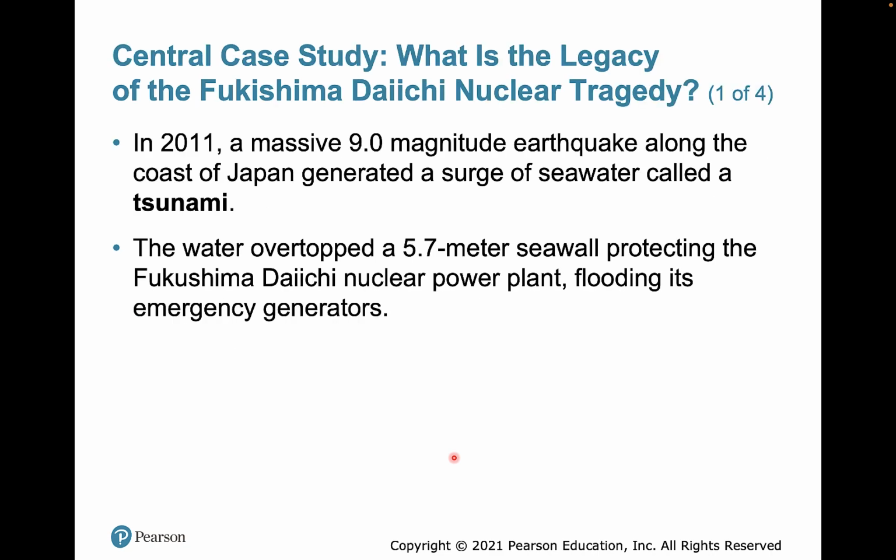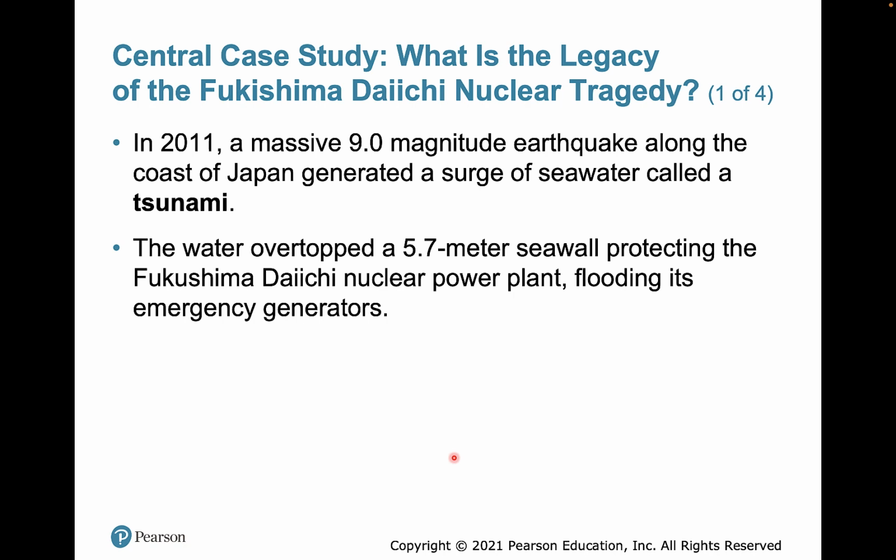So this is the case study. We talked about it in chapter 20. The idea of nuclear energy, we're going to talk about it again since it's related to this unit. So we talked about the big earthquake that generated a tsunami. We're going to talk in our key points in more detail about how tsunamis form.